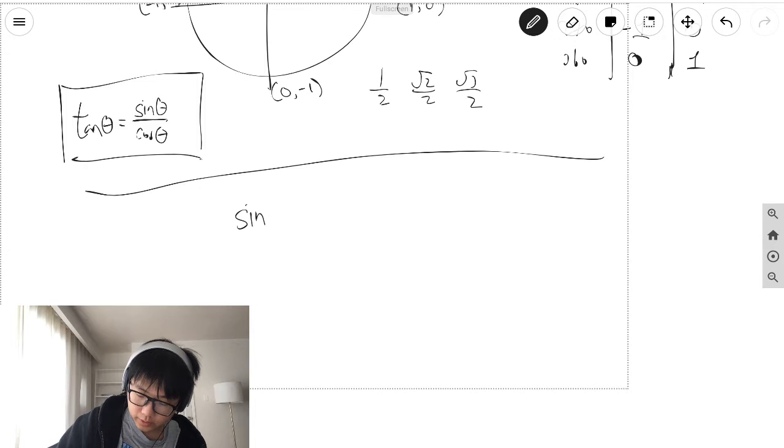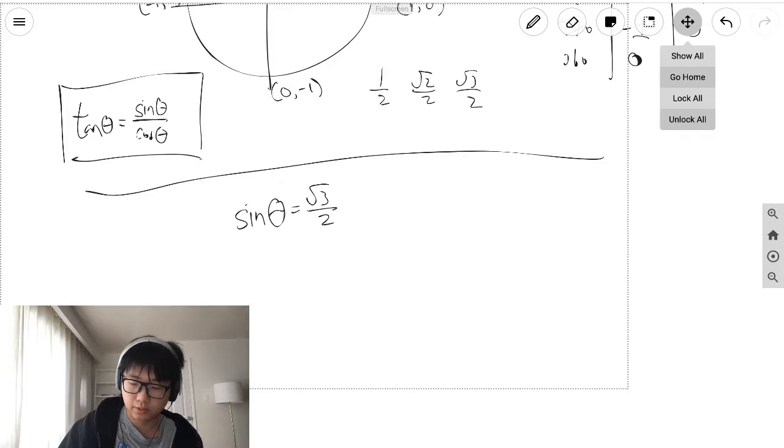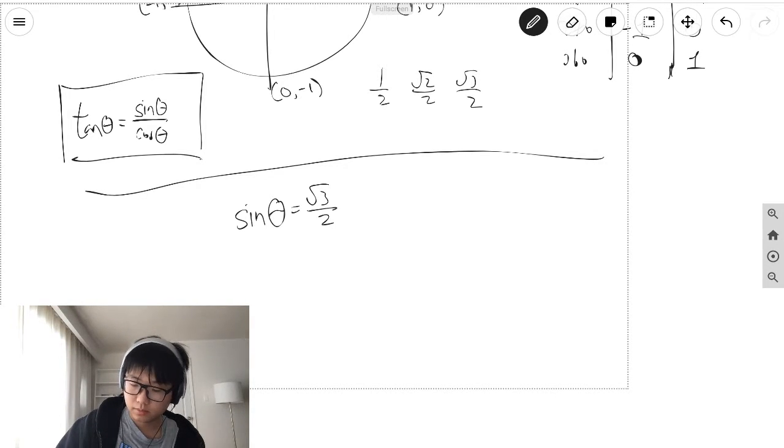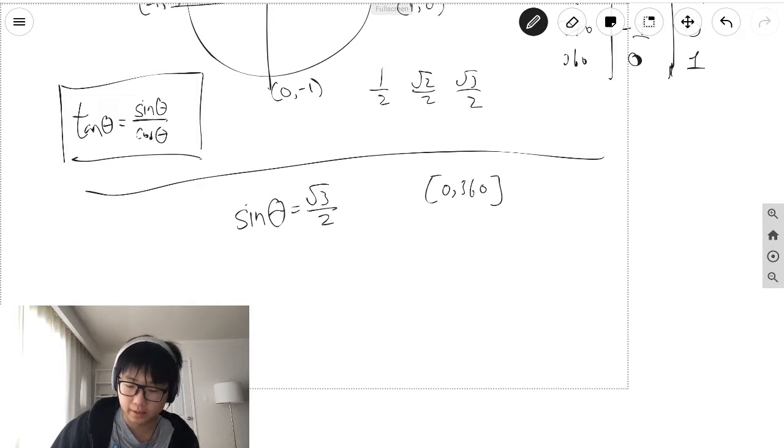Okay, so that brings me to the first task I need you to know how to do. We're going to go sine theta. So I'm saying some kind of angle is going to give you root 3 over 2. Actually, that was the second task, I think. We didn't get to that. I need to specify first what angles in terms of domains you would need to know.